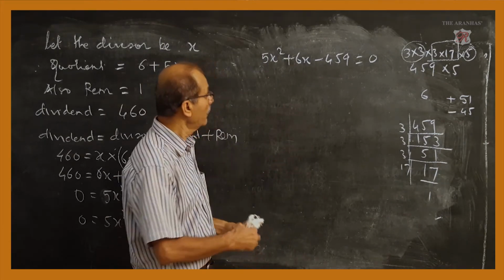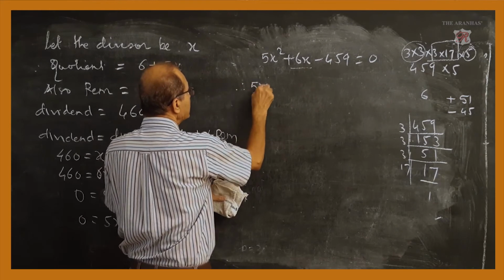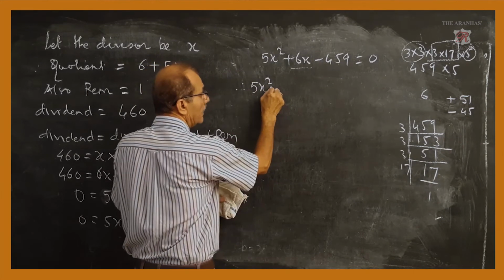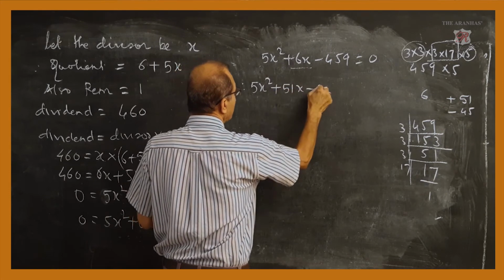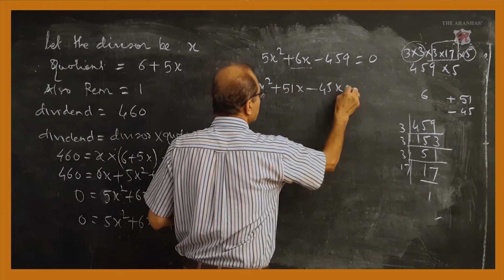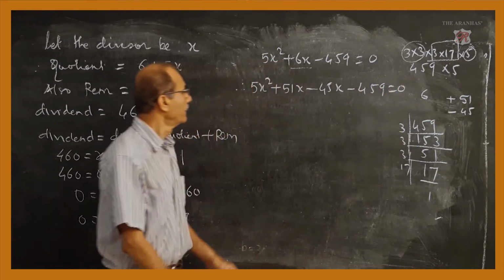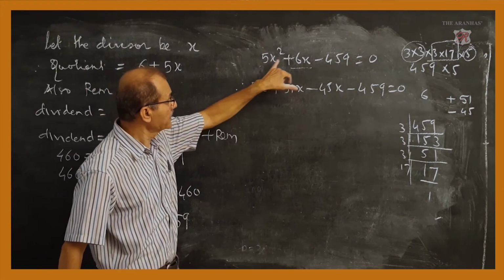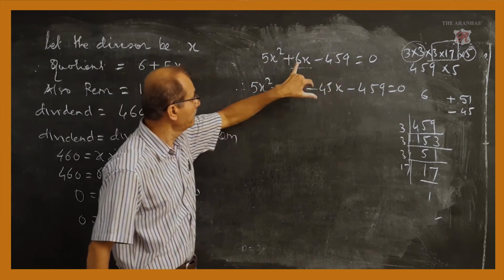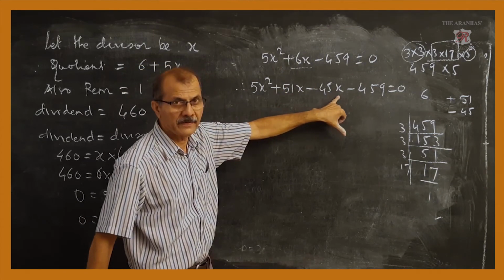So what I will do is I will split the middle term as 5x squared plus 51x minus 45x minus 459 is equal to 0. So in 5x squared plus 6x minus 459, the middle term is split as 51x minus 45x.